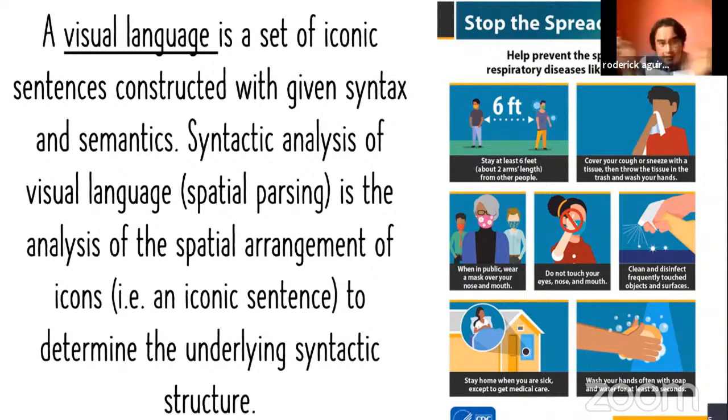Kung steps yan, direct to the steps and then pictures, para those students who have problems with visualizing the meaning of words will now be able to understand, or if they do not understand the words, at least they will understand what you are trying to convey via the use of pictures and icons. So, kahit hindi nakakabasa ang bata dito, alam na nila ang ibig sabihin using those certain icons or symbols. Okay?